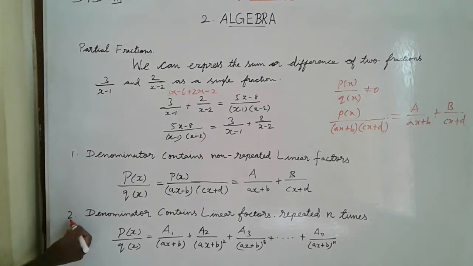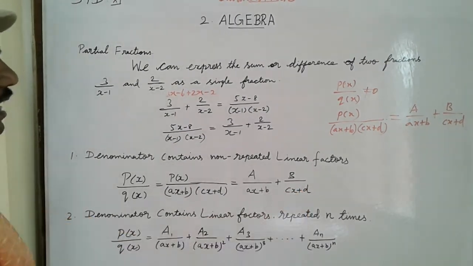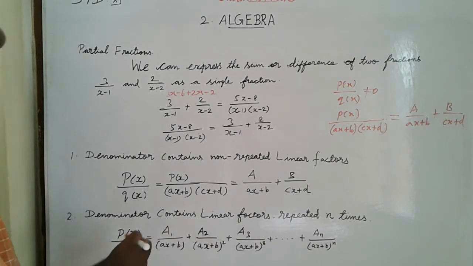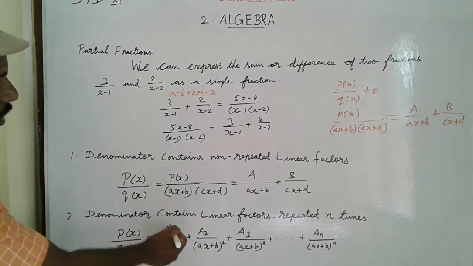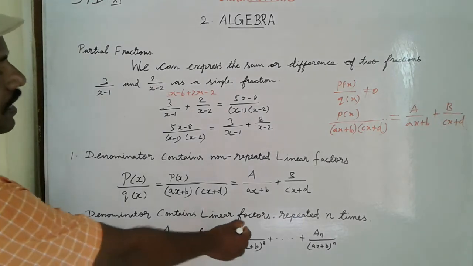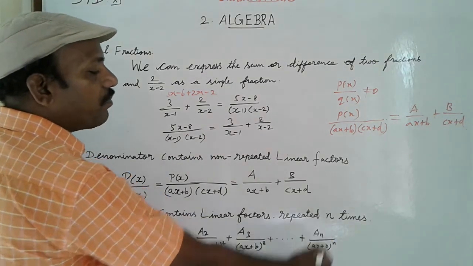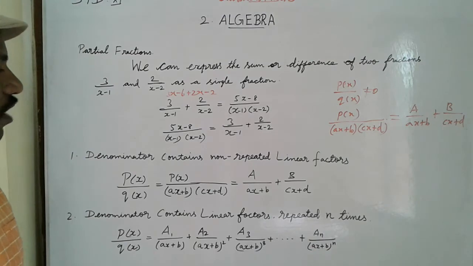The next case is when the denominator contains linear factors repeated n times. Then p of x divided by q of x equals a1 divided by (ax + b) plus a2 divided by (ax + b) whole square plus a3 divided by (ax + b) whole cube, plus etc., plus an divided by (ax + b) whole power n.